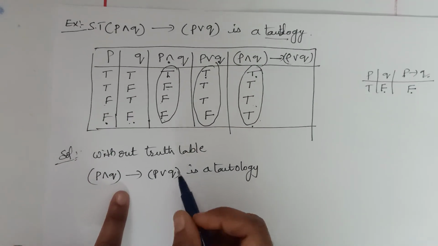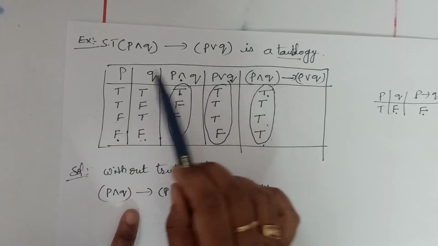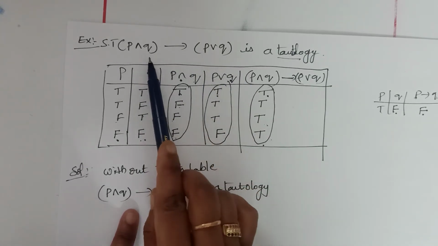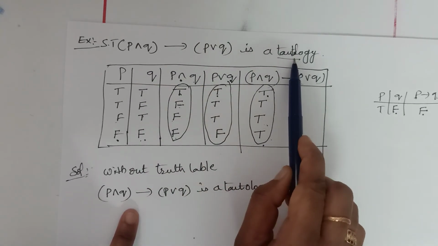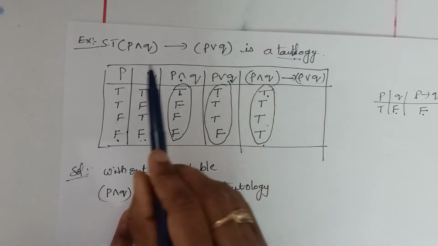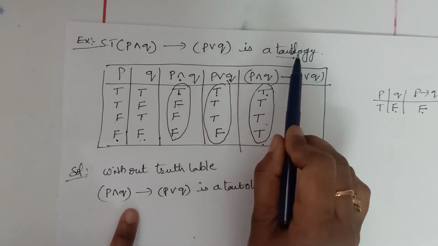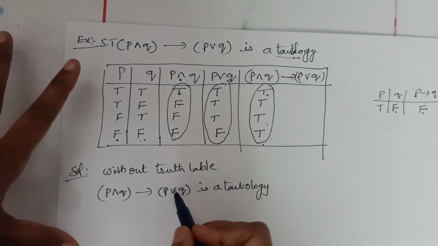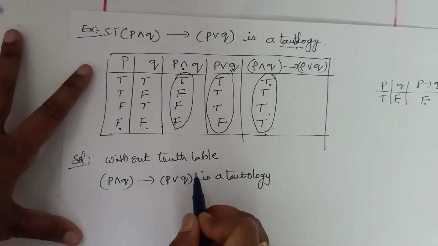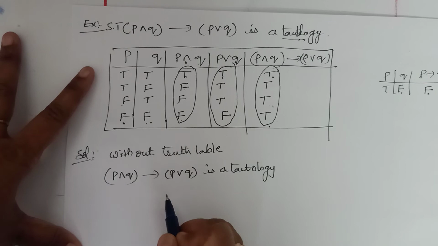Now the same problem. We checked whether the statement formula is a tautology by constructing a truth table. Without constructing a truth table also, we can check whether the statement formula is a tautology or not.